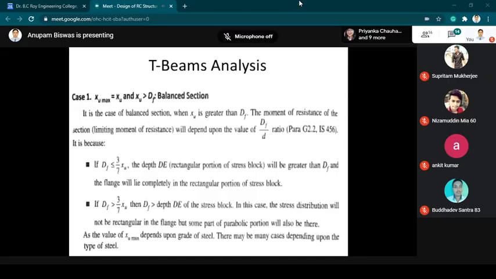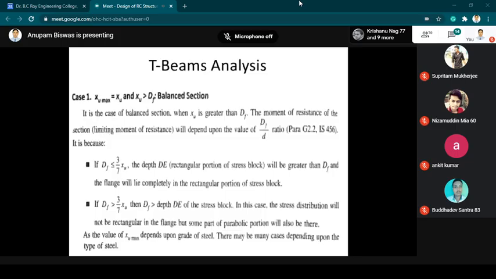Again for this sub case, a balanced section where XU max is equal to XU, the compression zone will either lie completely within the rectangular portion of the stress block, or lie partially within the parabolic portion of the stress block.